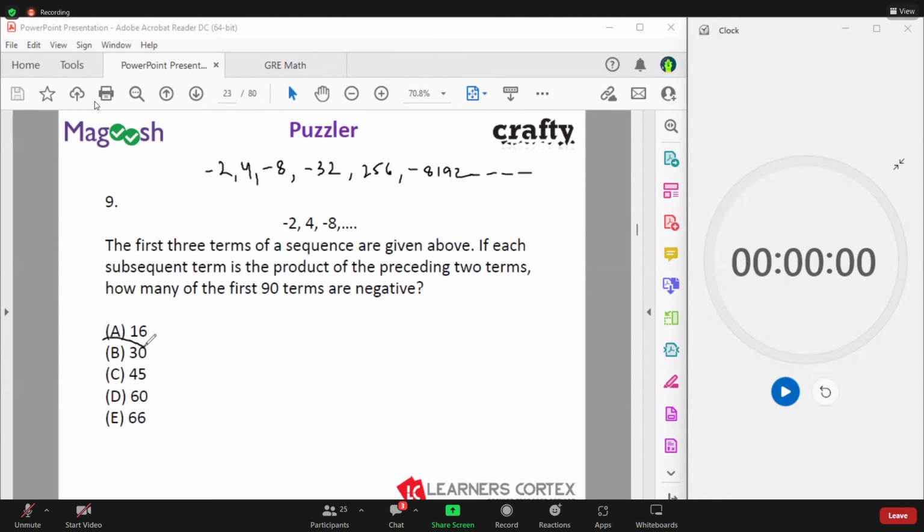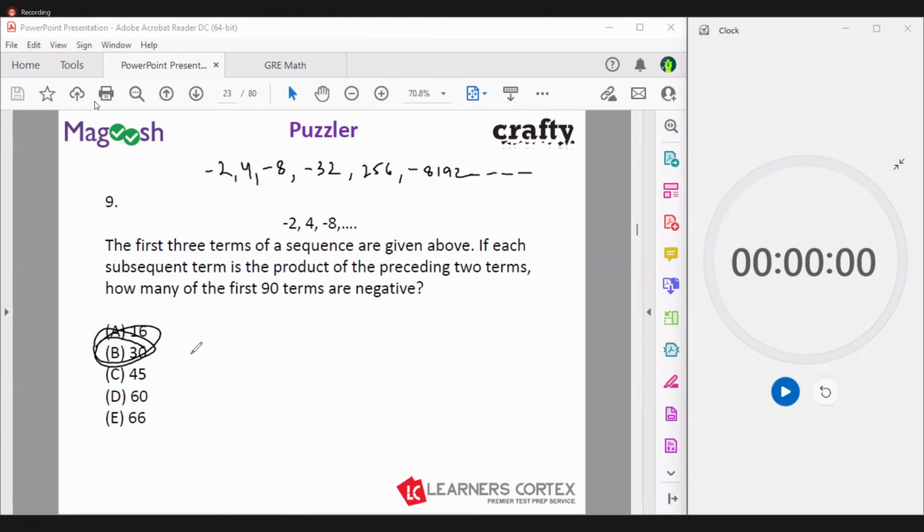Now, a common mistake people make is that since there is negative, positive, and negative, they'll assume that the next term would be positive as well, and they'll answer 45. But if you see the pattern here, this is negative, positive, and negative. When another number comes succeeding this, it would be negative as well, because it is the multiplication of negative and positive.